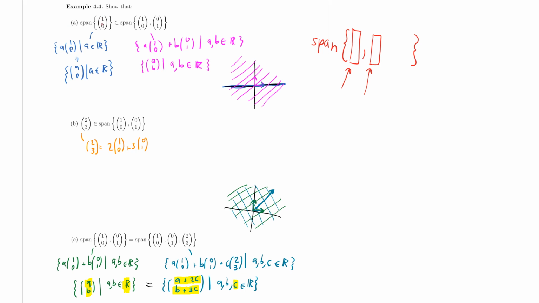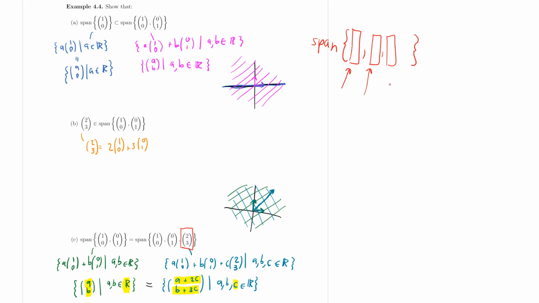If I begin with (1, 0), when I throw in more vectors, (0, 1), into this generator set, it should generate a bigger vector space. However, when the vector that I throw in, in this case the (2, 3) here, is already a linear combination of (1, 0) and (0, 1), my vector space is not going to get any bigger.